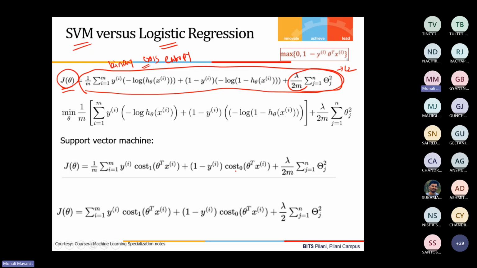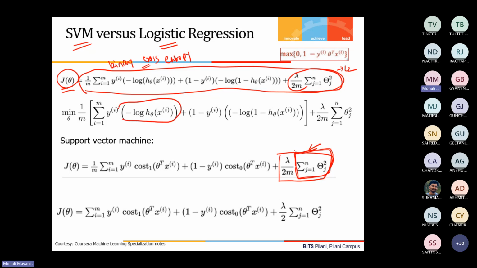Now in the support vector, forget about lambda. Let me just write here. This part, I can consider this as an objective function.